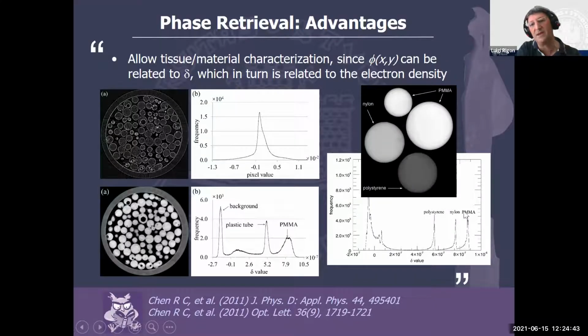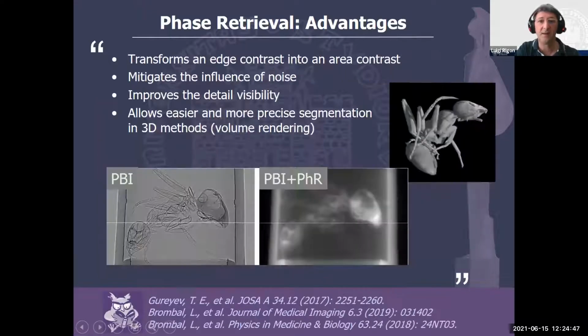So we have different peaks in correspondence to different materials. There are also other advantages: this transformation of the edge contrast to an area contrast also mitigates the influence of the noise, so you can improve the spatial resolution. And if you are doing tomography in three-dimensional methods, it also allows an easier and more precise segmentation, like in the case of this insect.